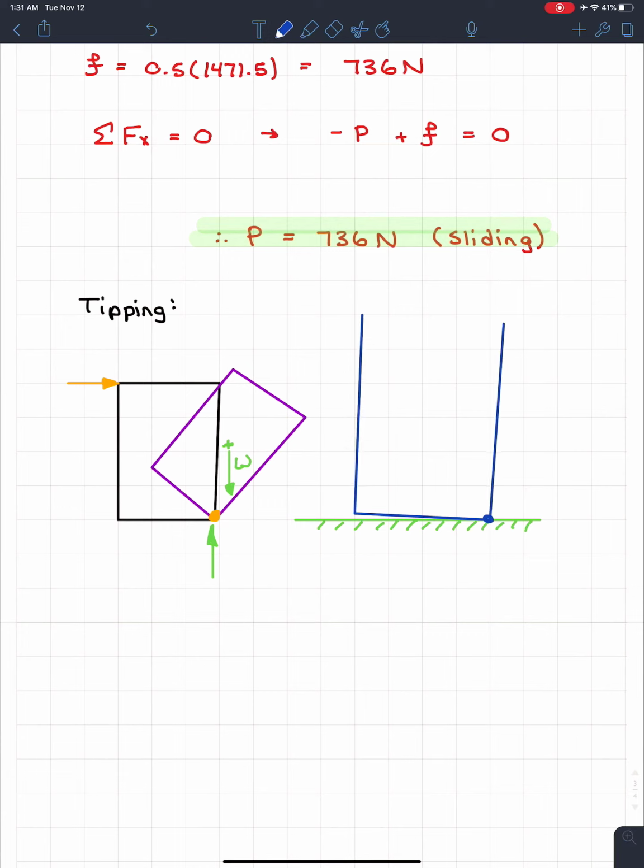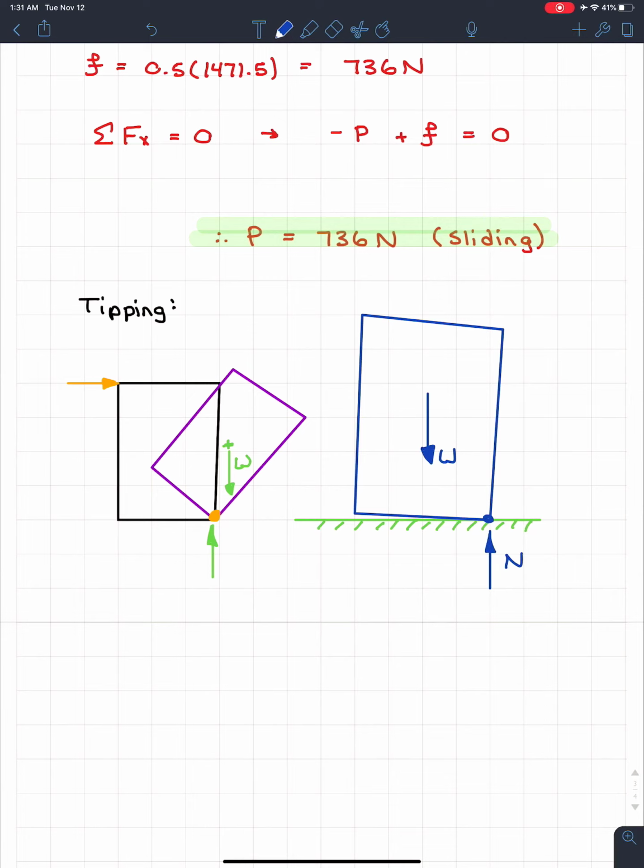Remember, we want the exact instance this starts tipping. So if this is the case right here, as you can see, the weight doesn't really shift. It's still in basically the same location where it started from. But the normal force has already shifted to the end. So we're going to have to very much pay attention to that.